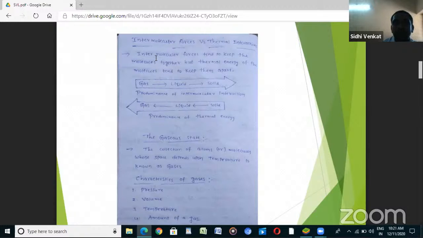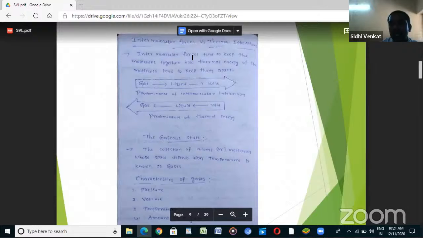That is intermolecular forces versus thermal interaction. The intermolecular forces keep the molecules together, that means combined with each other, and thermal energy leaves the molecules and keeps them apart.